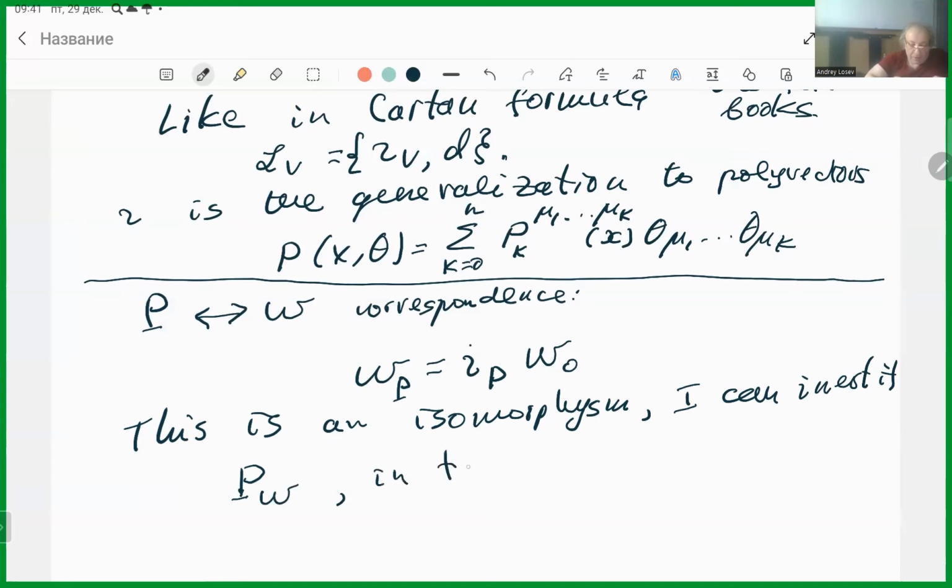In particular, P corresponding to omega naught is 1.